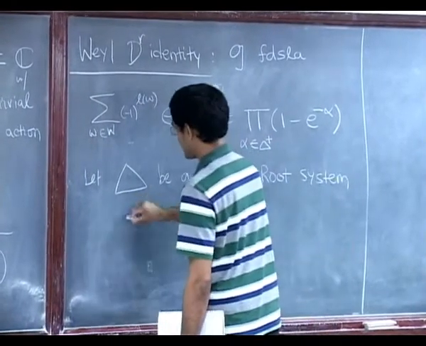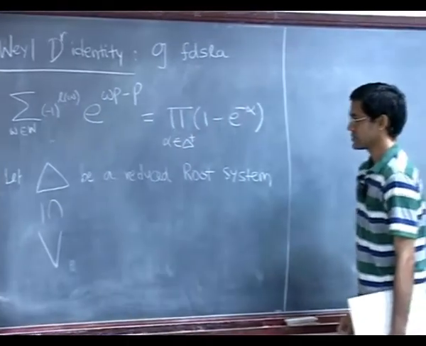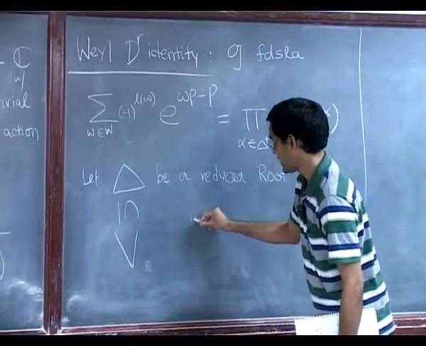Which means, remember, it's sitting inside some vector space V. That's how we define this root system, and with Weyl group.